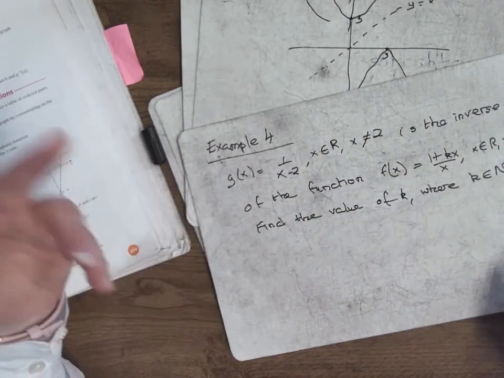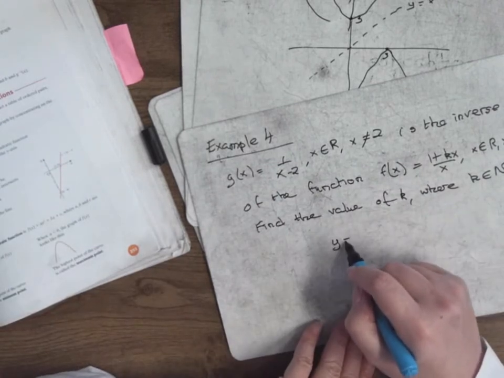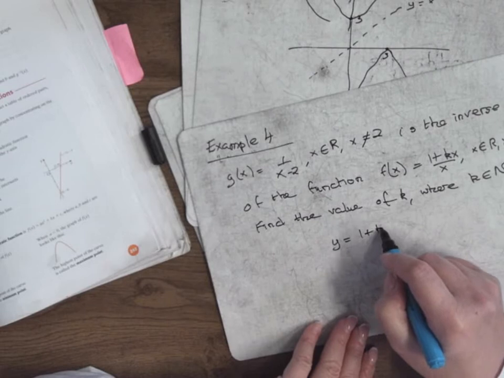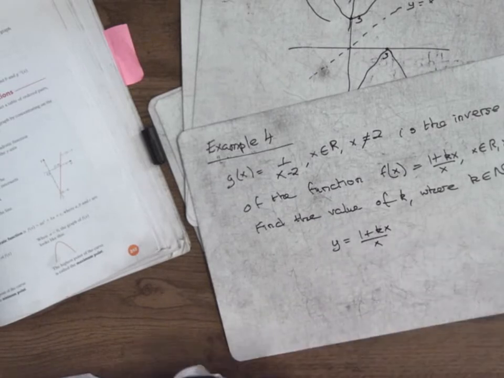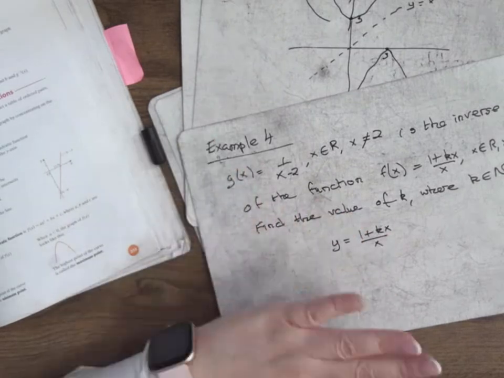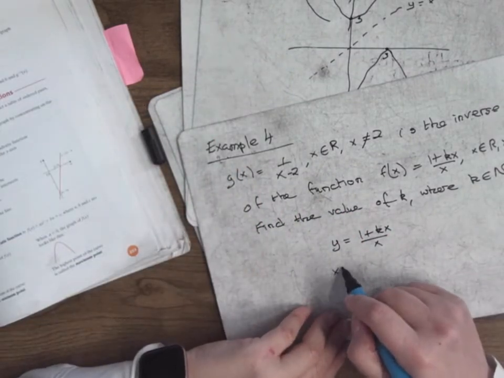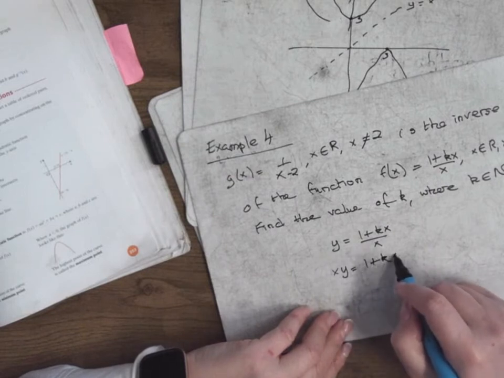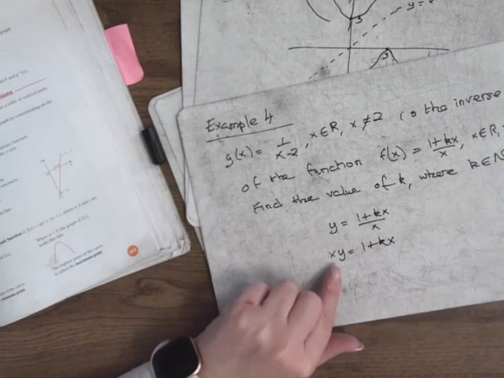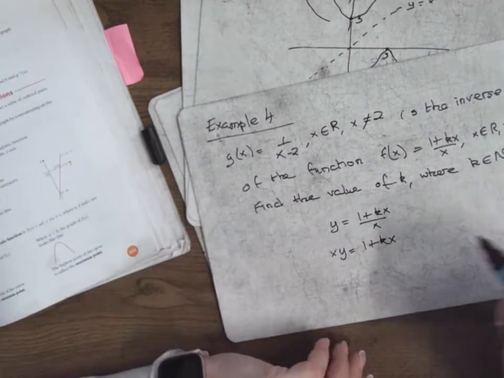So what I'm going to do is get the inverse. Here's the function I'm starting with, 1 plus kx all over x. Agreed? I want to rearrange this so I have x equals, so I'm going to cross multiply, so I get xy equals 1 plus kx. I want x equals everything else, so there's two x's, and when there's two x's you bring them to the left, everything else to the right.